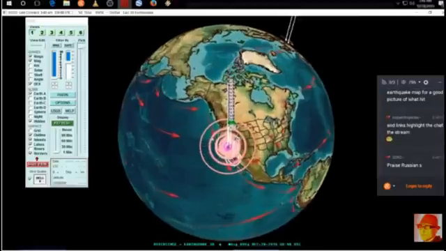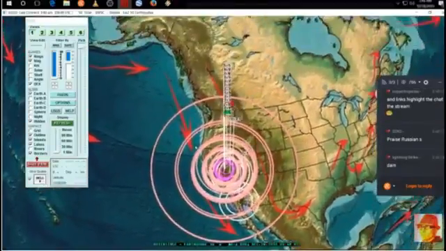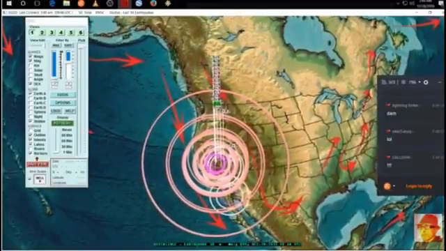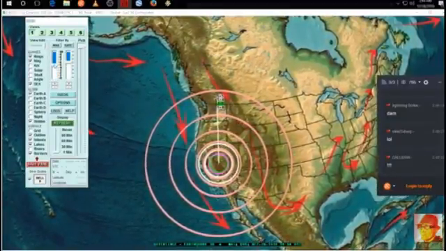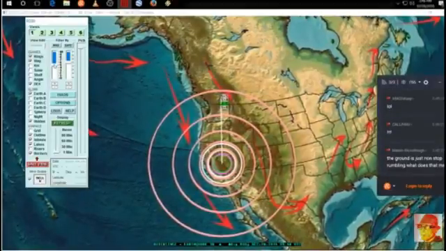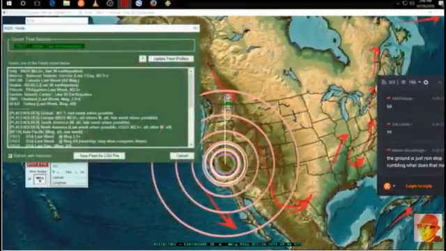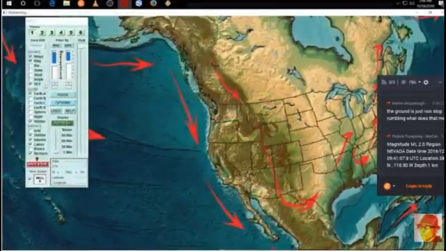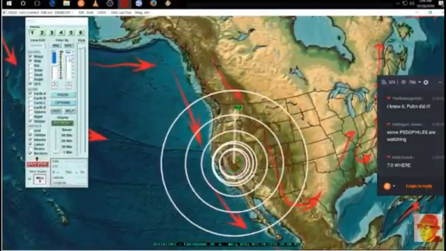Okay, so let's take a look at what the Europeans have to say. Okay, this is what the Europeans say. All right, hold on. Europeans say 5.5, 5.6, 5.6. And the USGS, let's go back to the only USGS feed.